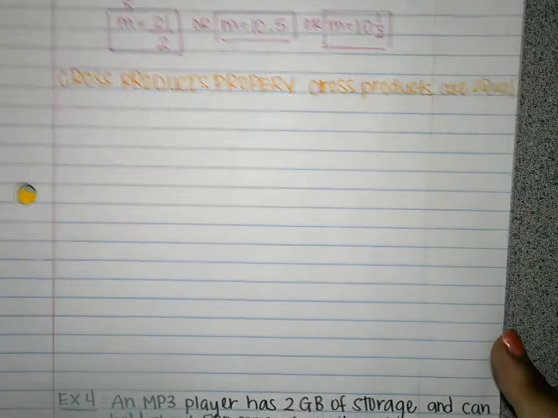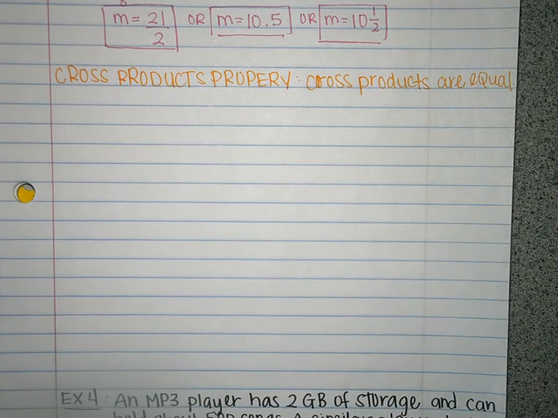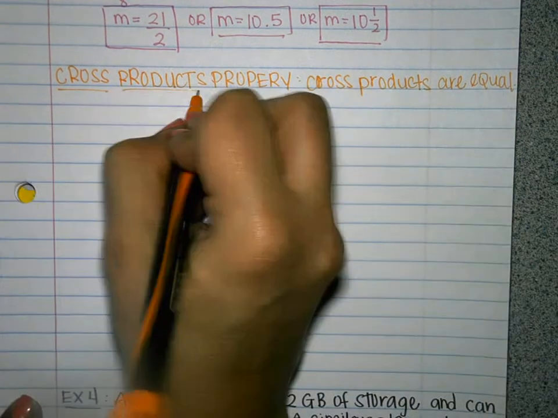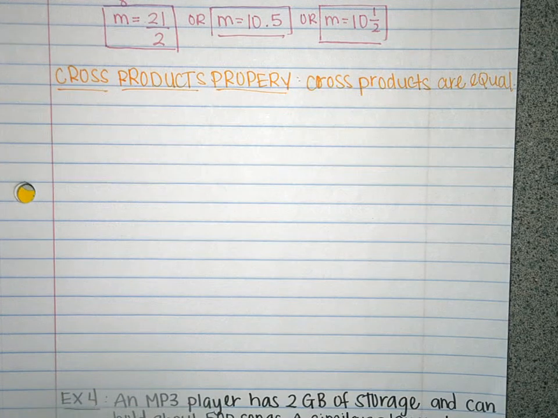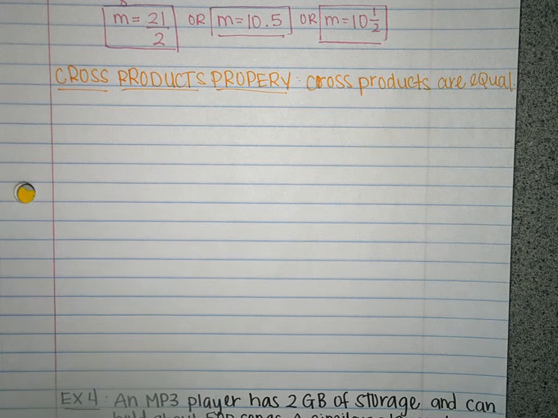Okay. So the cross products property says that cross products are equal, meaning if we multiply crossways, we can set those products equal to each other. So let me show you in a simple example.